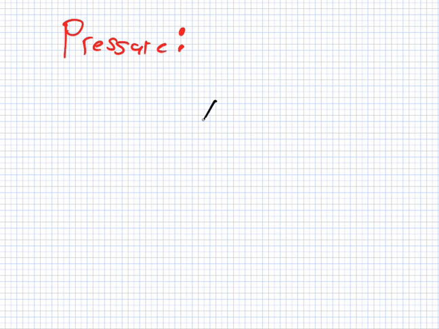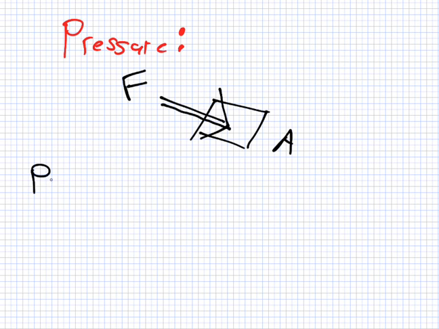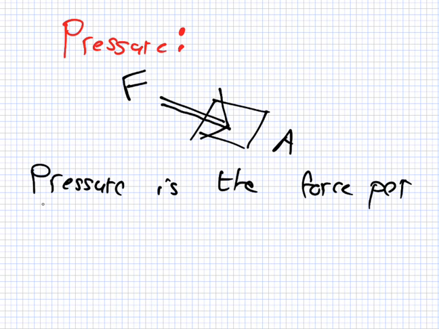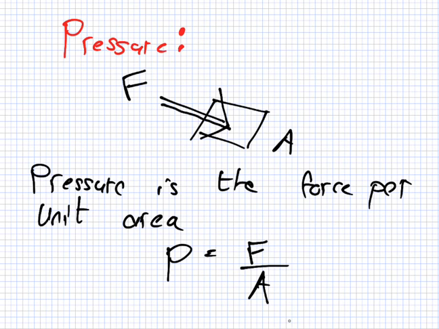So the idea for pressure is you have an area and you have a force, and the pressure is the force per unit area, or as a formula, pressure is force divided by area.